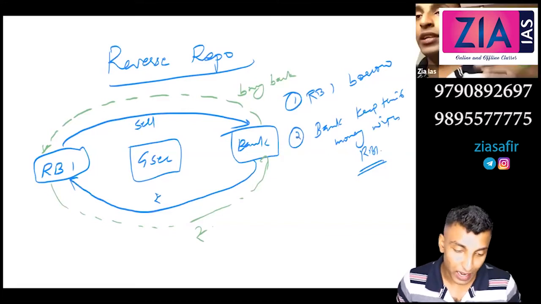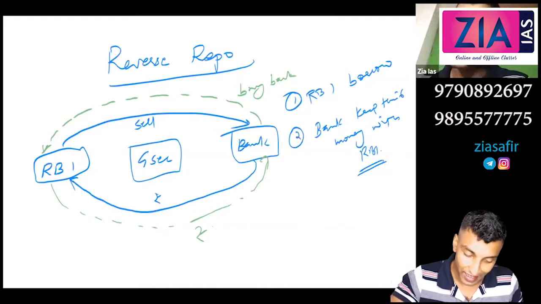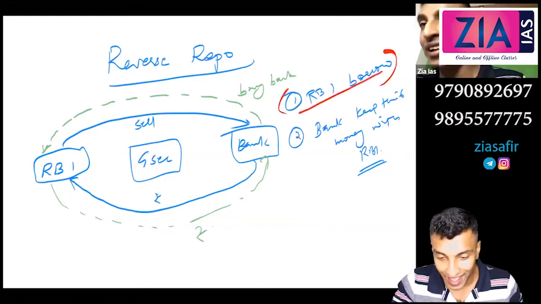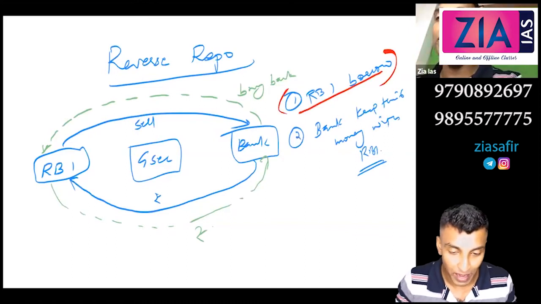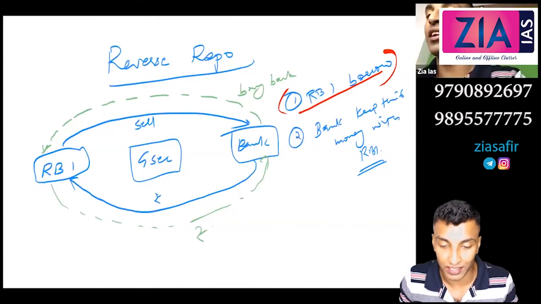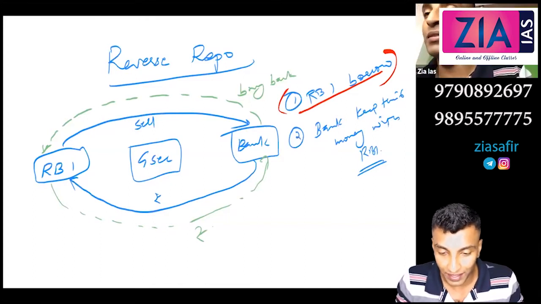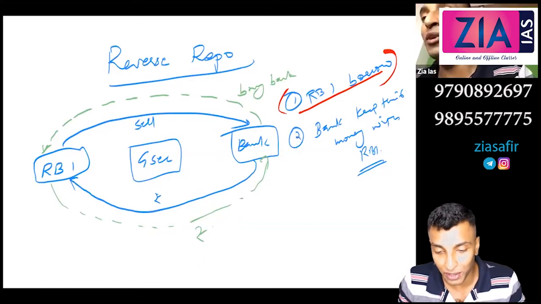What is the need for RBI to take a loan from banks? Somebody taught this at some point of time, and it continued just like that: in repos, banks borrow from RBI, and in reverse repos, the reverse, RBI borrows from banks. What is the point in RBI borrowing from banks? Is it required? When you speak, you think logically and speak. There is no point in RBI borrowing from banks.